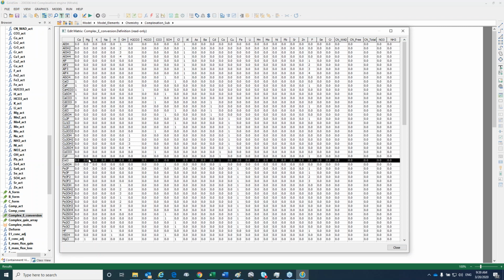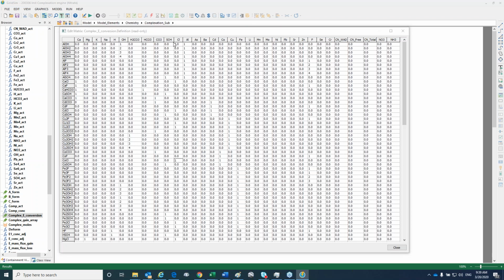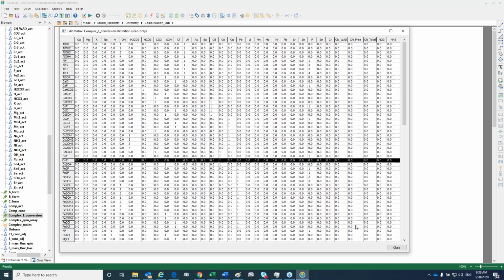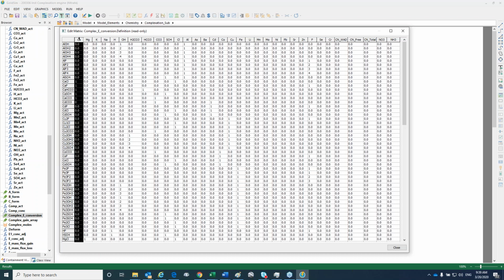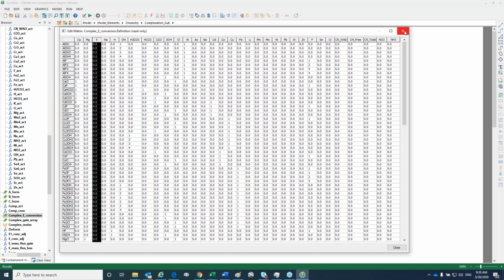Now, for cobalt chloride, we're going to expect that there's one cobalt and one chloride. So there's a 1 there, and that's for chloride. And we look further along the table, and there's a 1 for cobalt. So the point of this is basically to attribute all the different complex stoichiometry in terms of molecular mass to each of the different E vector elements.